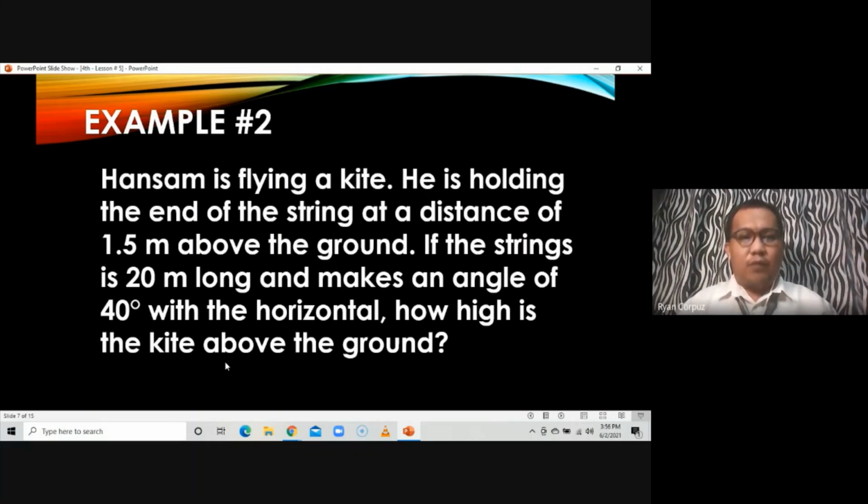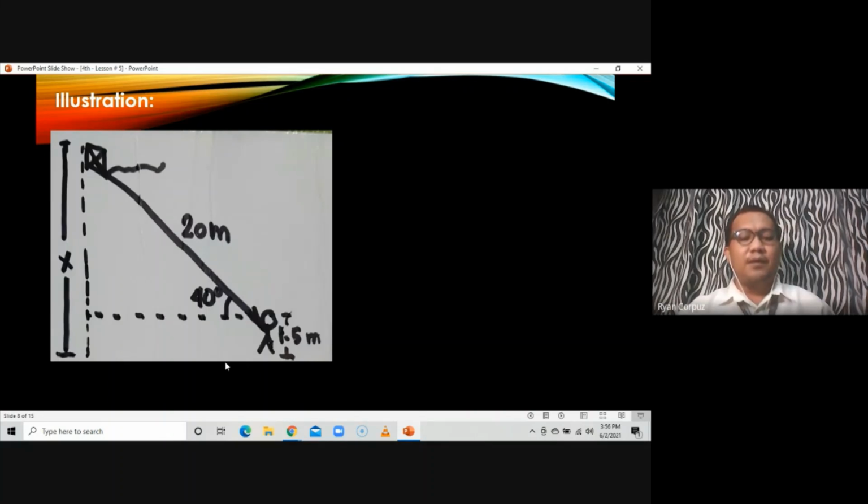Again, just like what we did in example number 1, in order for us to easily solve the problem, we need to draw an illustration, because that illustration will help us visualize what is happening in the problem. So this is the kite flyer. The kite is flying, and his hand is raised. The height from his hand down to the ground is 1.5 meters.